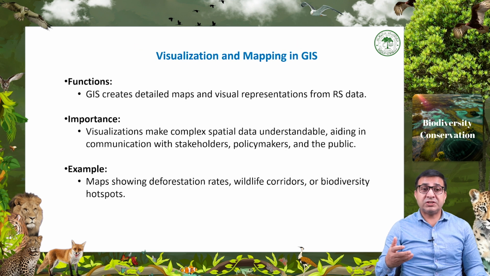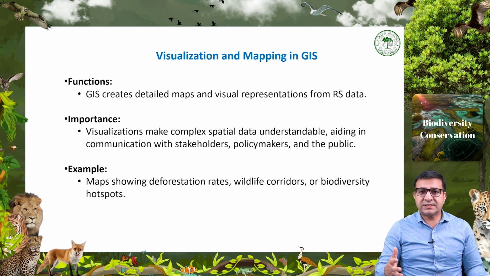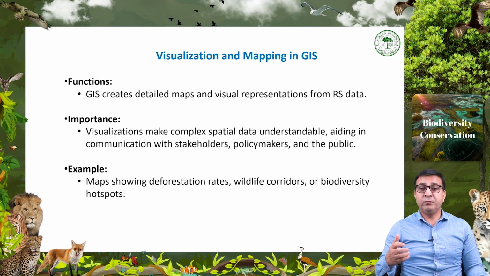Another important application of GIS is visualization and mapping. Maps are powerful communication tools nowadays that make complex data easier to understand, especially for stakeholders like policymakers or the public. GIS can turn raw data into visually engaging, informative maps showing deforestation rates, species distribution, even biodiversity hotspots or wildlife corridors.